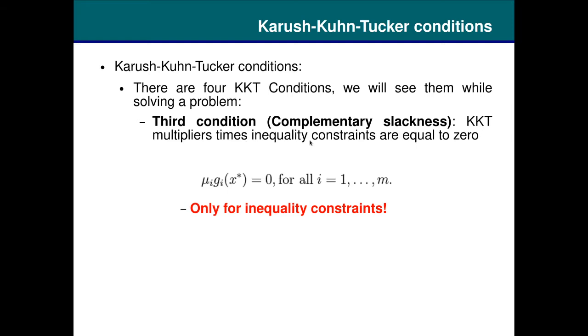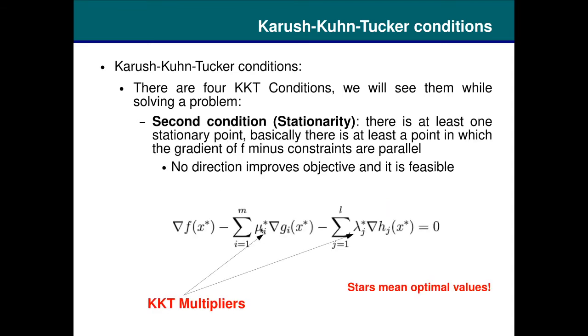The third condition tells me that I will have a bunch of mu_i. Those mu_i can go back here. You will see that I have some multipliers here. I have lambdas and I have mus. Those are my Karush-Kuhn-Tucker multipliers.